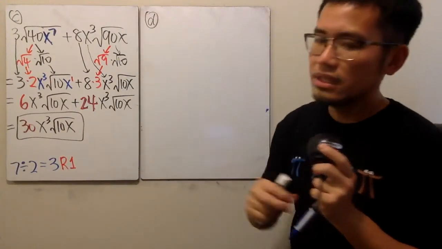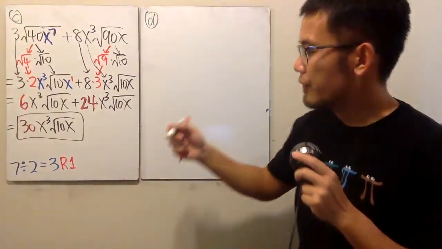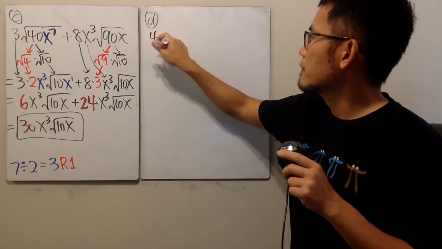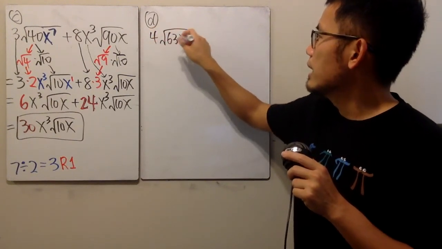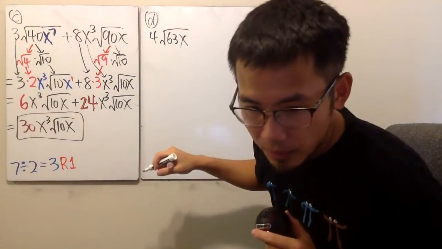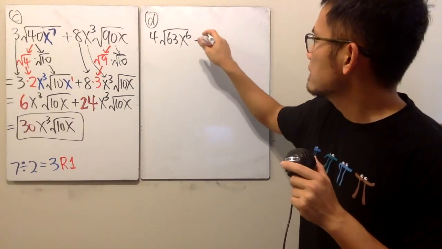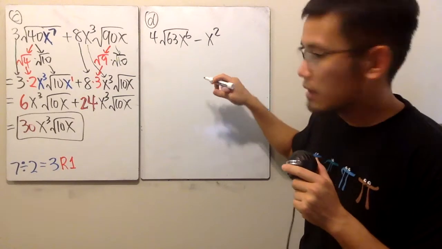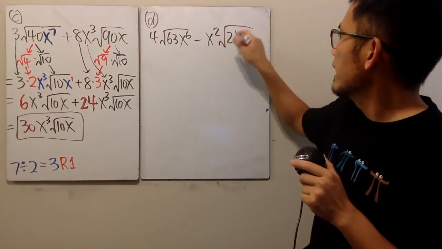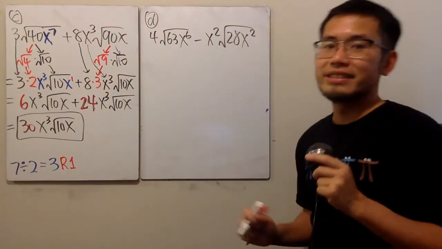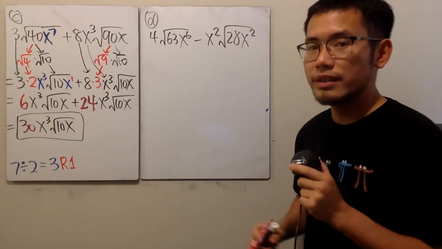Okay, here is the last one. We have 4 square root of 63x to the 6th power. And then we have minus x squared and the square root of 28x squared like this. First, we deal with the numbers.